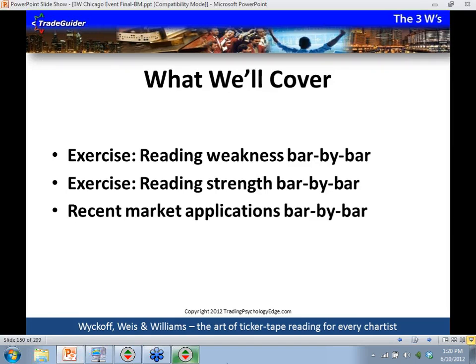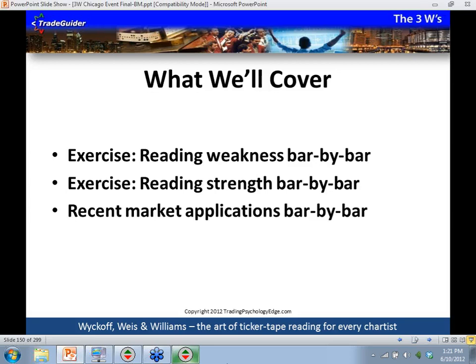So for the next 90 minutes, what I wanted to do is take us back a little bit to reading individual bars, reading the market bar by bar. You've seen some wonderful ideas and wonderful ways of looking at the market through waves and wave volumes, the Weiss wave. We've seen trade guider signals, signs of strength and signs of weakness.